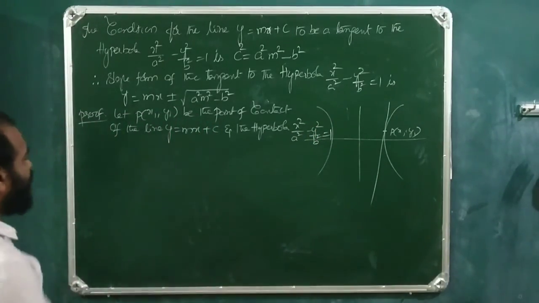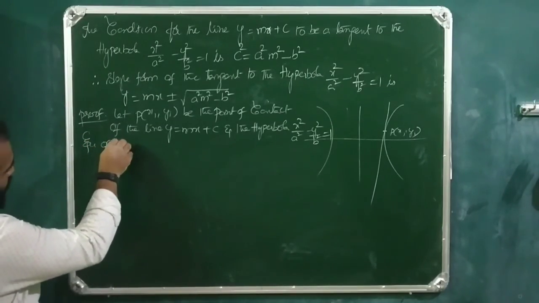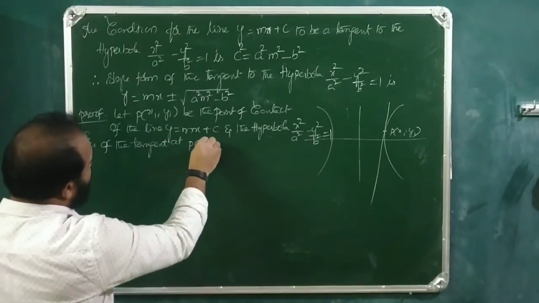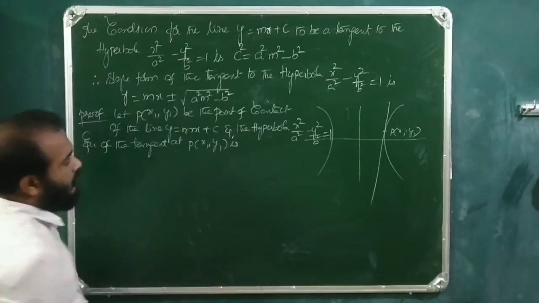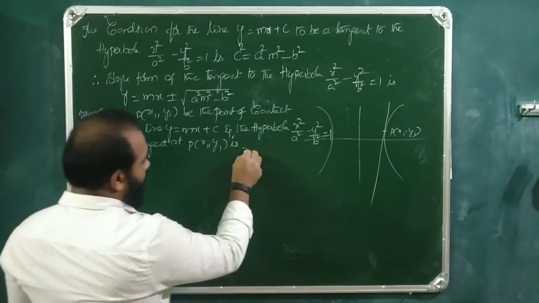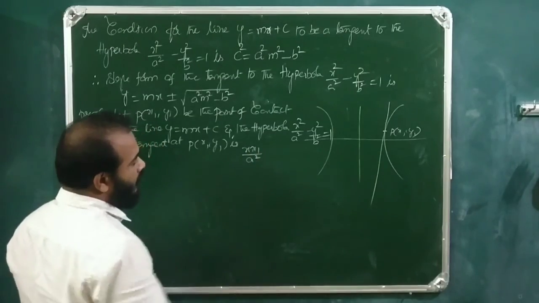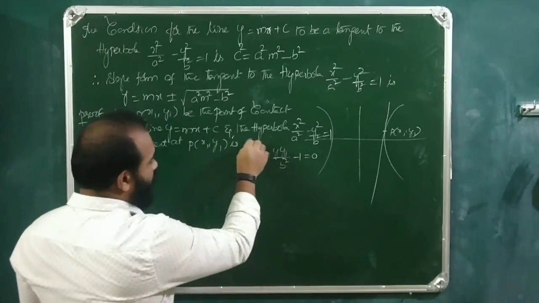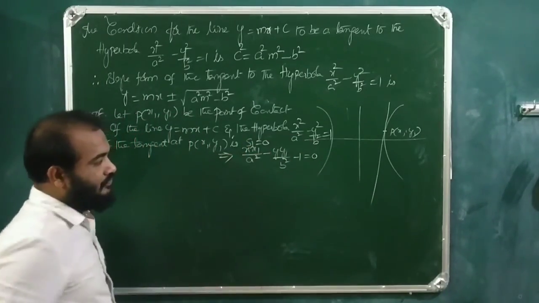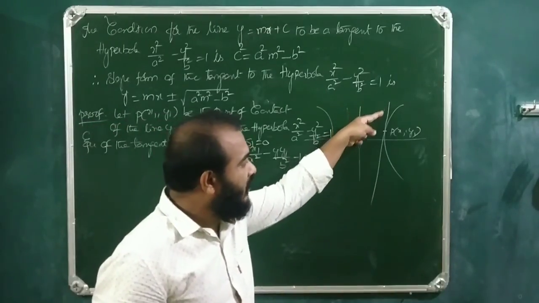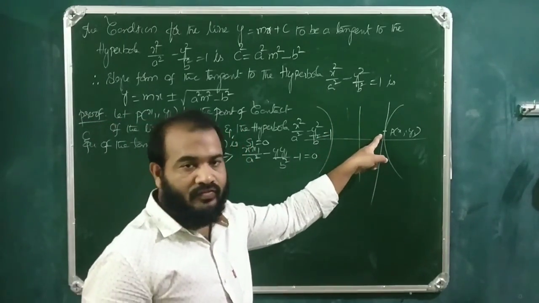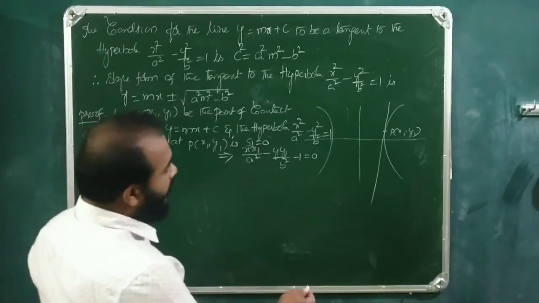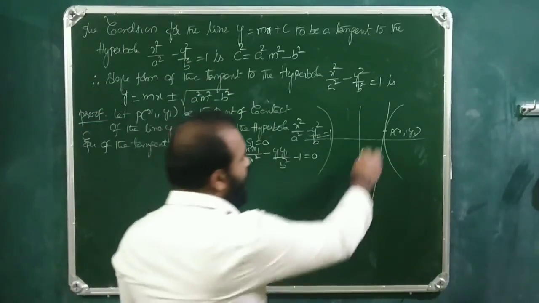Just now we have seen the equation of the tangent at P(x1, y1) is xx1 by a square minus yy1 by b square minus 1 equals to 0, which is S1 equals to 0. So this is the equation of the tangent at P(x1, y1).